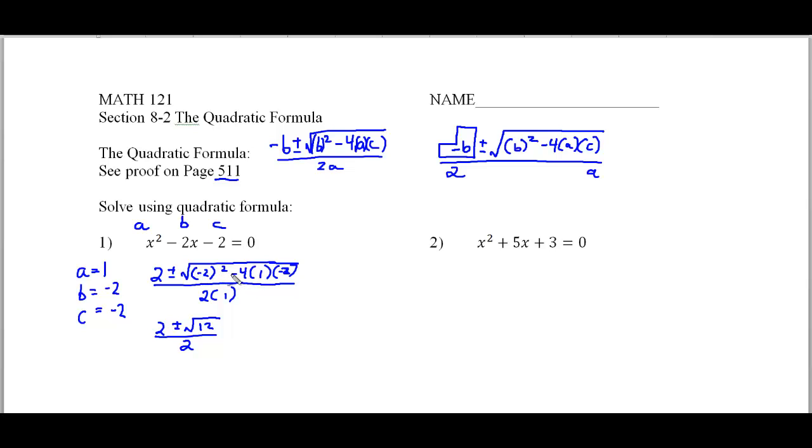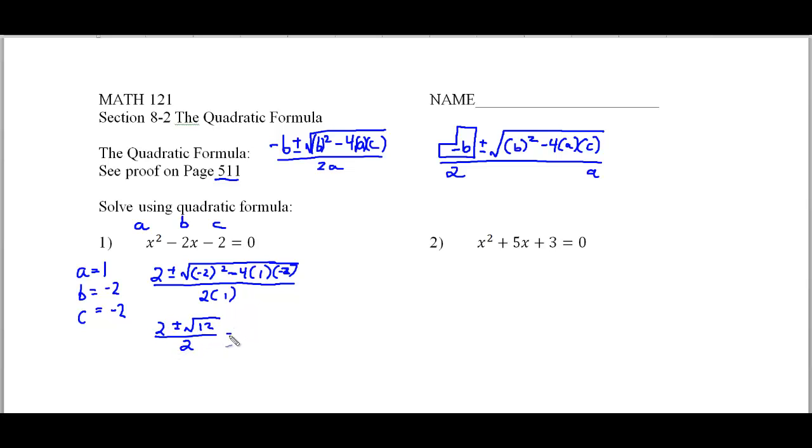Another common mistake is that instead of you putting a subtraction sign on your calculator, you would put a negative sign. Make sure it looks like a subtraction sign when you do it. So that will give you the answer of the square root of 12.